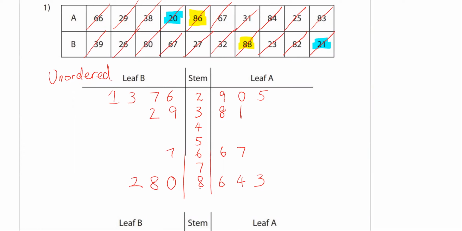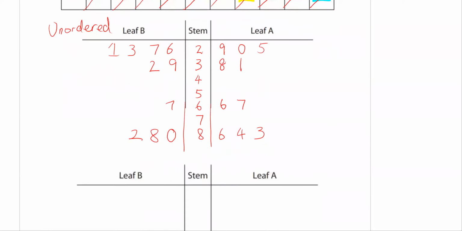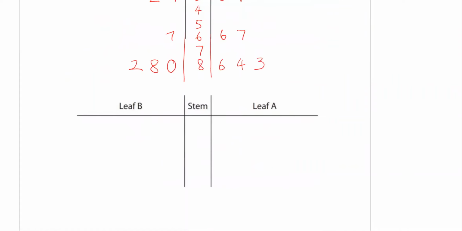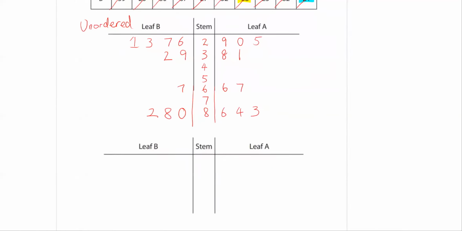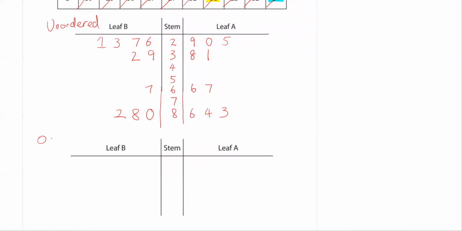Okay, now if you're reading from this graph, what you will need to do is attach the stem to each individual number in the leaf part in order to form the actual values of the data. Okay, now what we're going to do is to draw the ordered version.